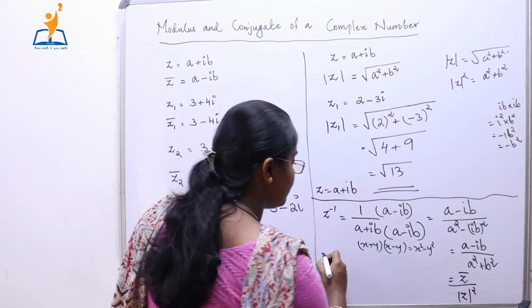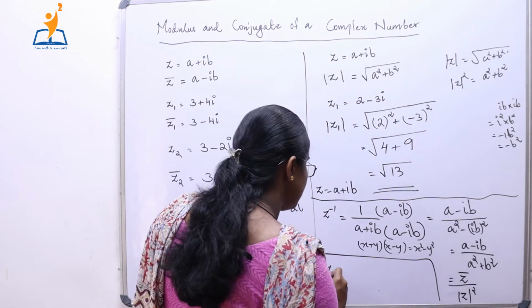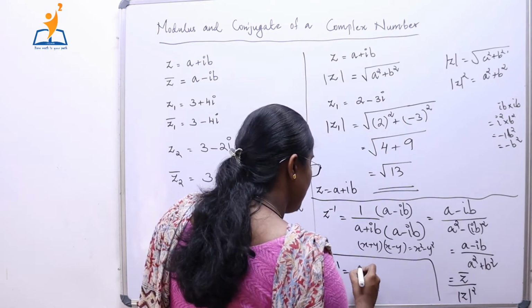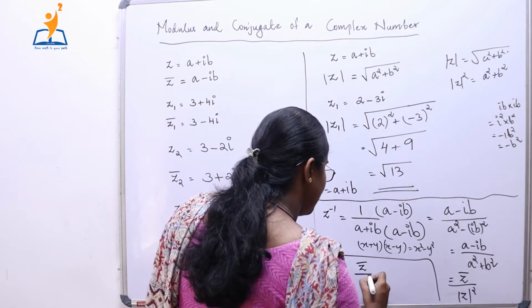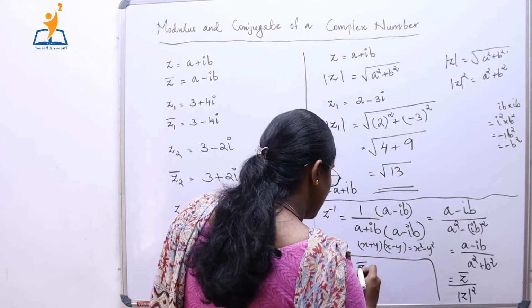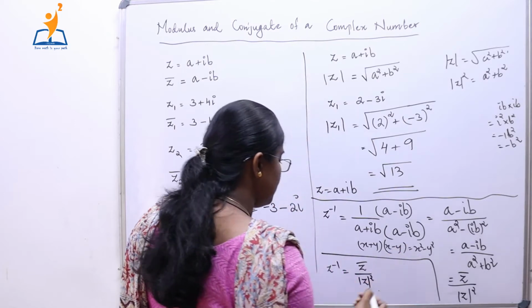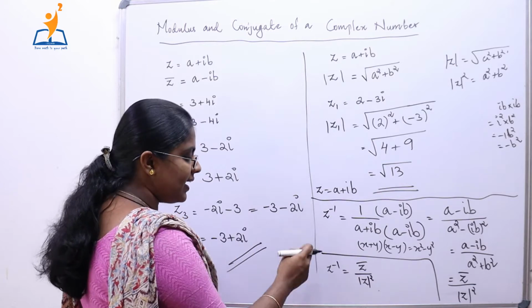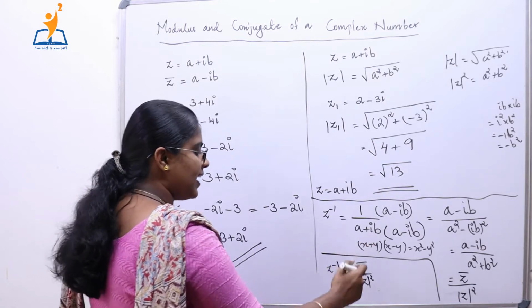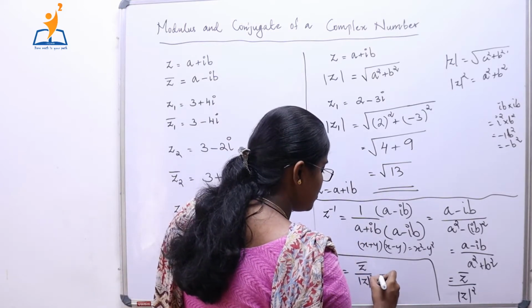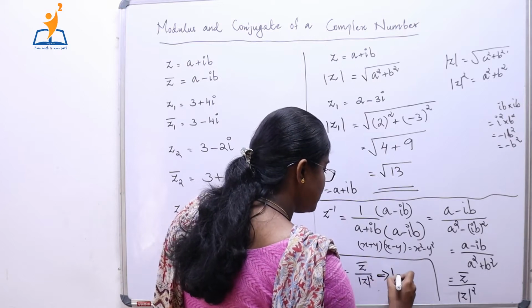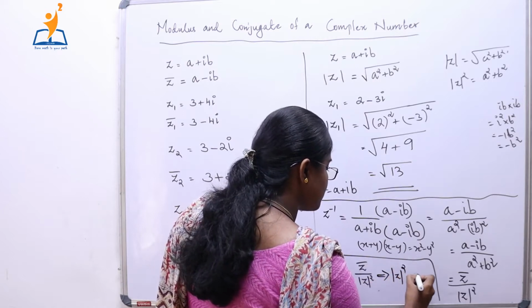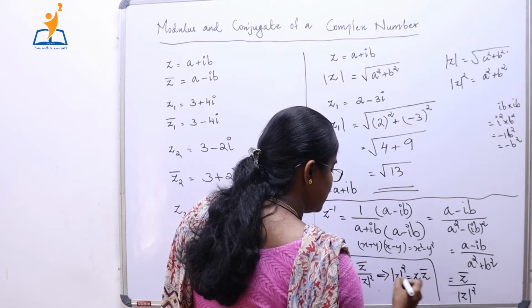So we got z inverse is equal to z conjugate divided by mod z square. Taking z to this side, we will get it like this, which implies mod z square is equal to z into z conjugate.